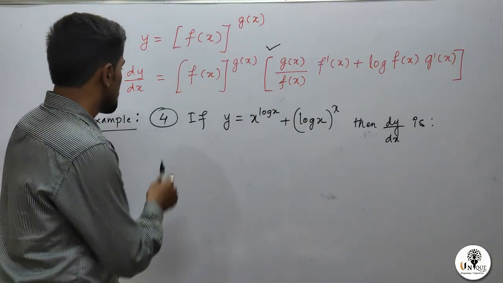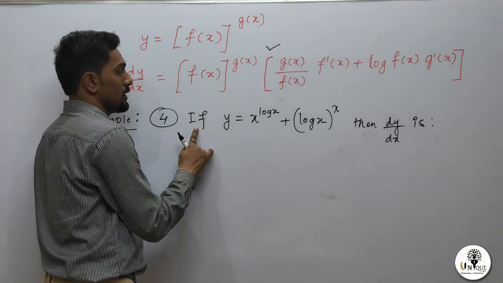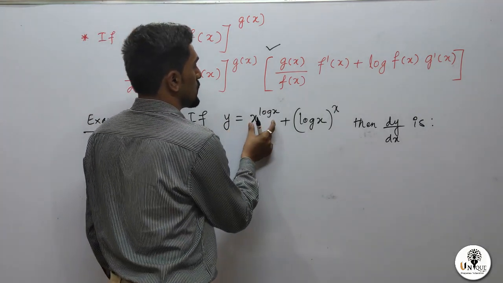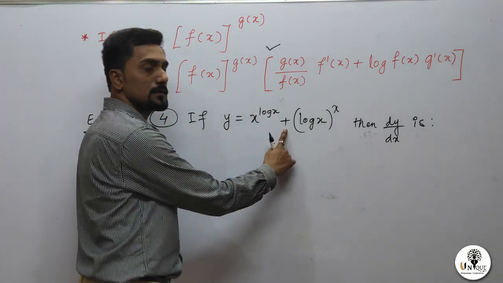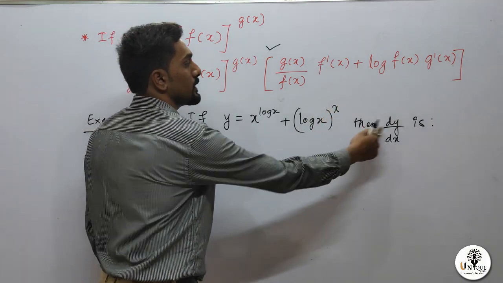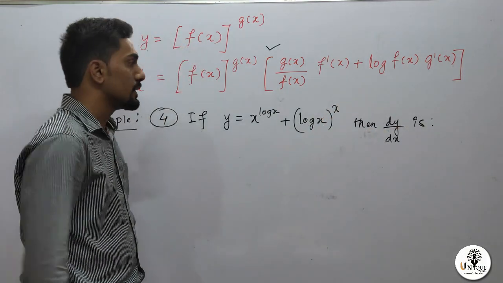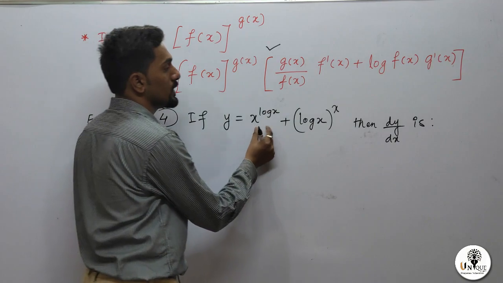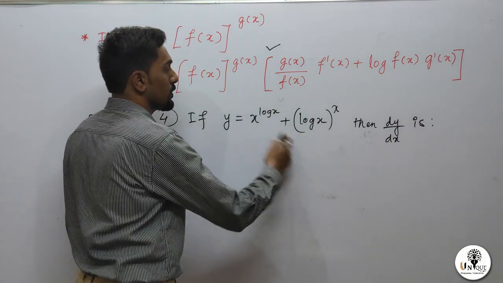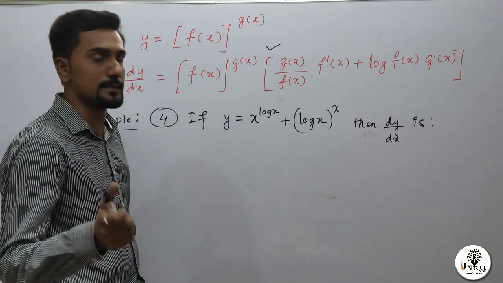Let's begin with the fourth example, that is if y is equal to x raised to log x plus log x to the power x, then dy by dx is. In this case also we have to differentiate separately and put the middle sign as it is.